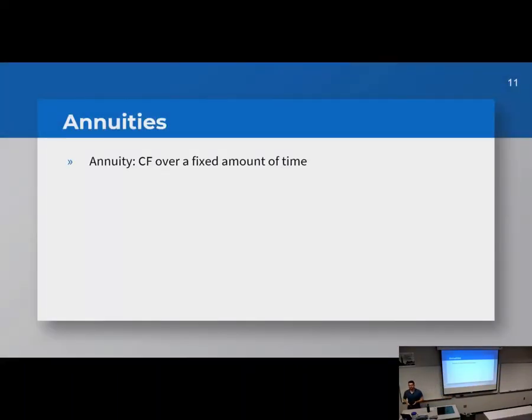Now we're going to be looking at annuities. So an annuity is a cash flow that occurs over a fixed amount of time. Whereas a perpetuity goes on indefinitely, an annuity is for a specific time period. So we do have a formula for this. In my personal opinion, you don't have to bother memorizing the annuity formulas. I do recommend you memorize the perpetuity formula.